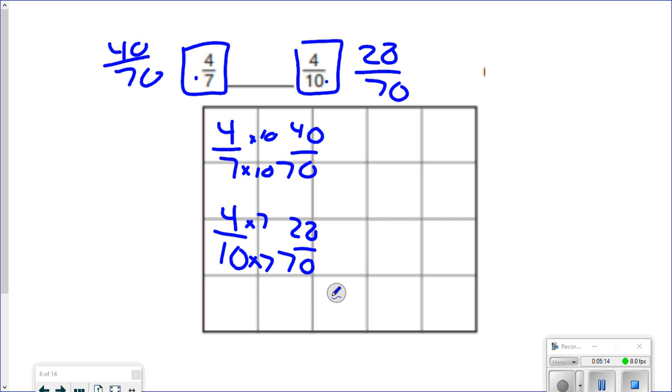Now, if you're hungry, would you rather have 4 big pieces out of a 7-piece pie or 4 small pieces out of a 10-piece pie? The 4 bigger pieces would be more food. Does that make sense? Hopefully that makes sense a little bit, because there are fewer pieces. The pies are the same, but you're getting 4 bigger ones because there are only 7 instead of 4 smaller ones out of 10.